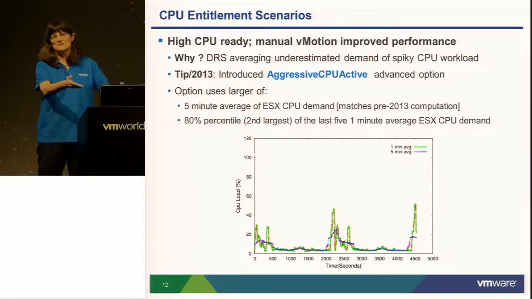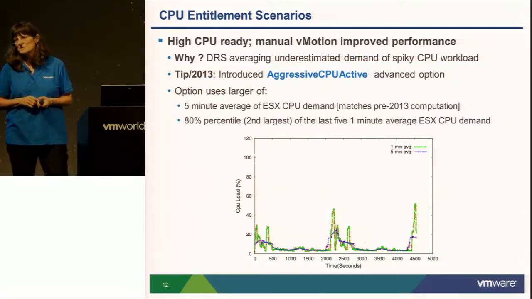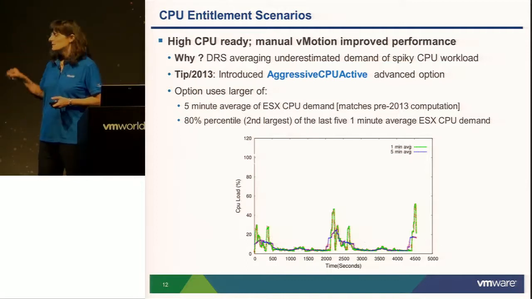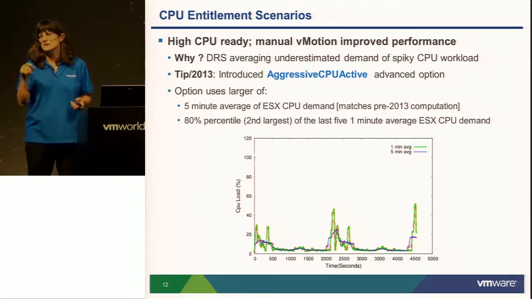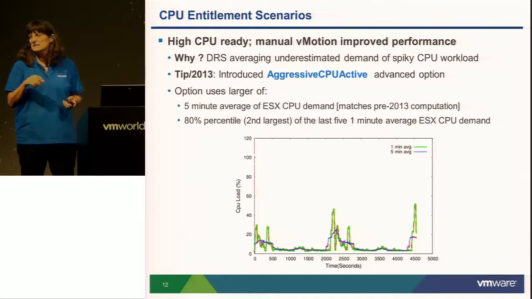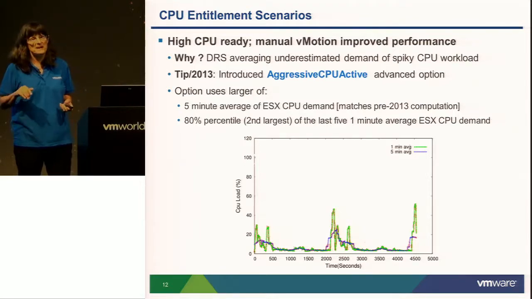So what's the deal? DRS is also considering ready time as part of that ESX estimate of CPU demand. Well, in this case, what we found was the workload was very spiky. And DRS is using that 5-minute average of demand that we talked about.